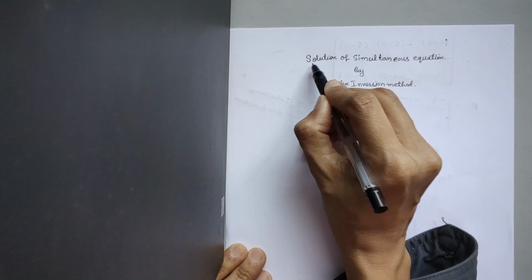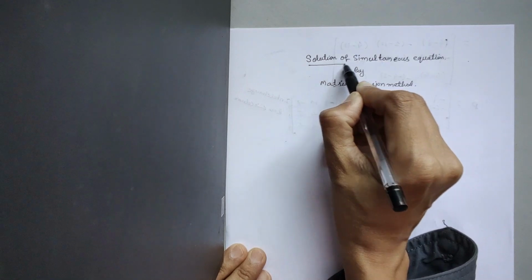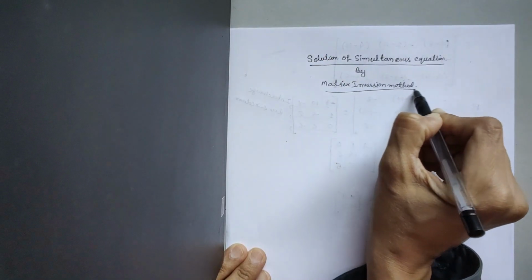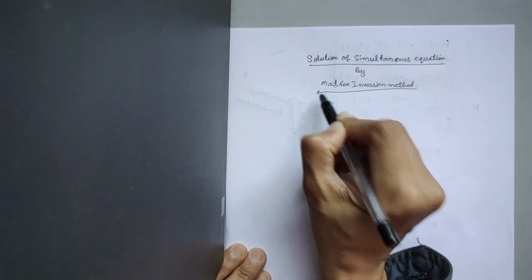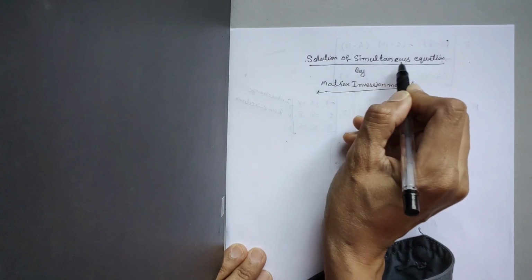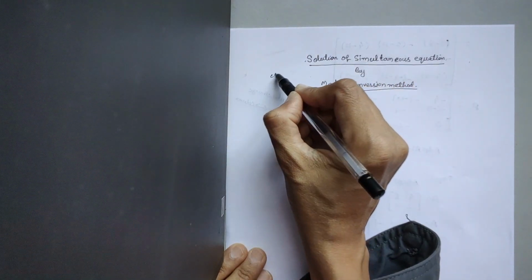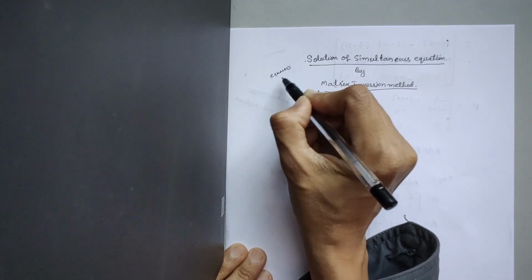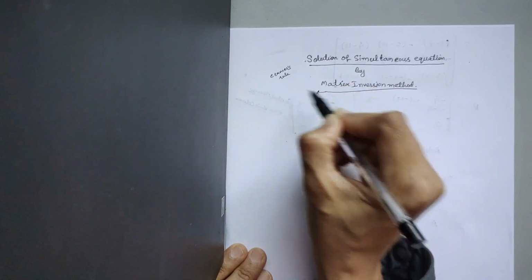So today we are going to discuss an important topic, which is the solution of simultaneous equations by the matrix inversion method. One more method we have seen is how we can solve simultaneous equations using Cramer's rule. If you remember, in determinants we learned how to solve by using Cramer's rule.